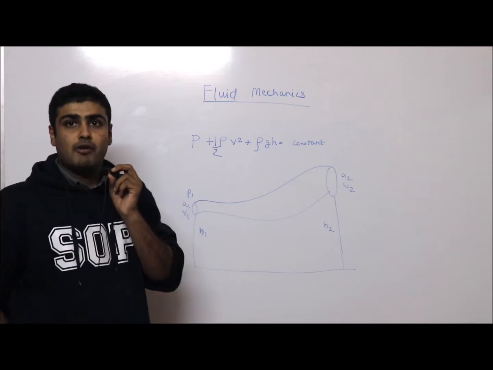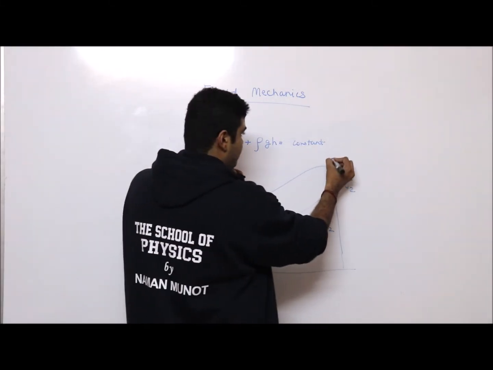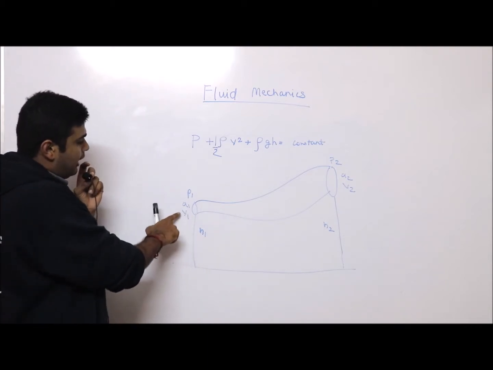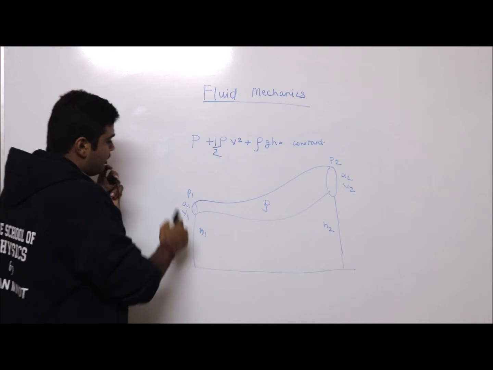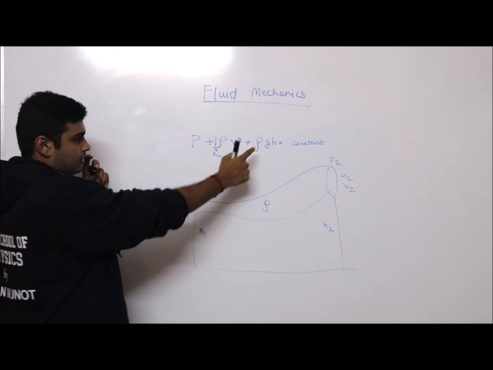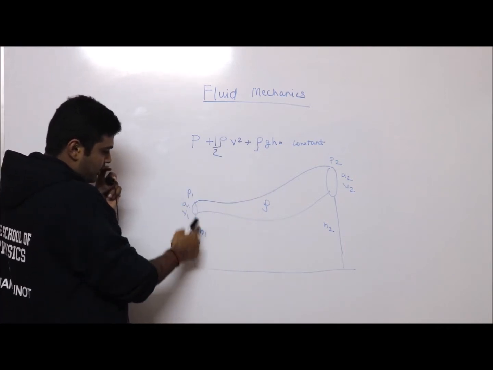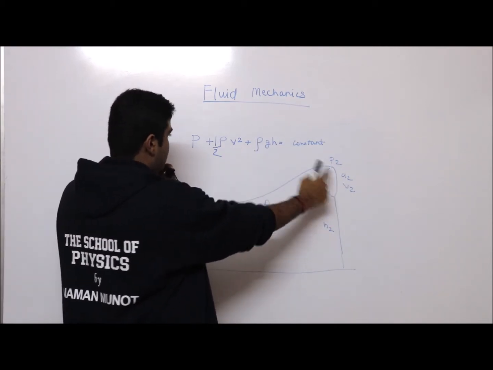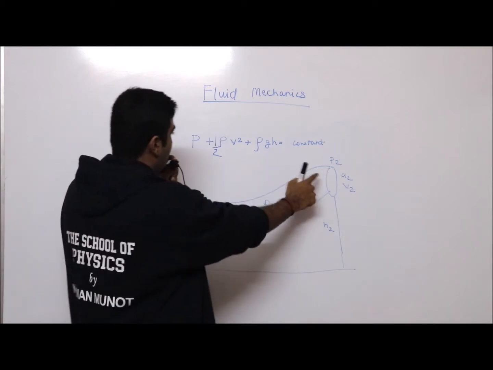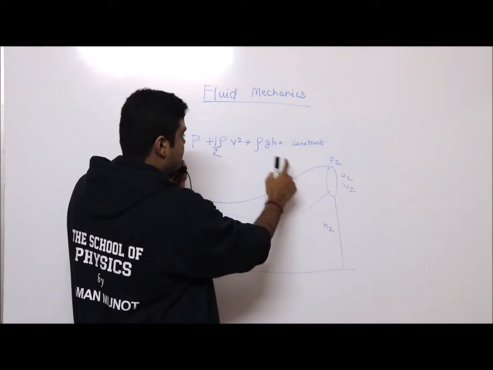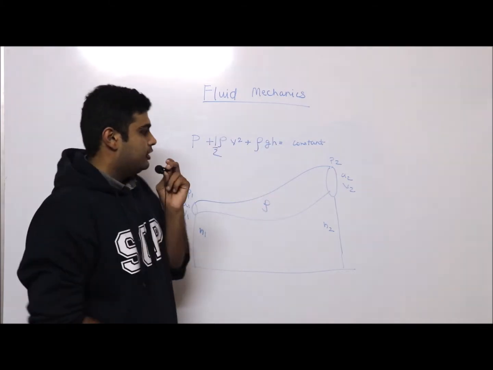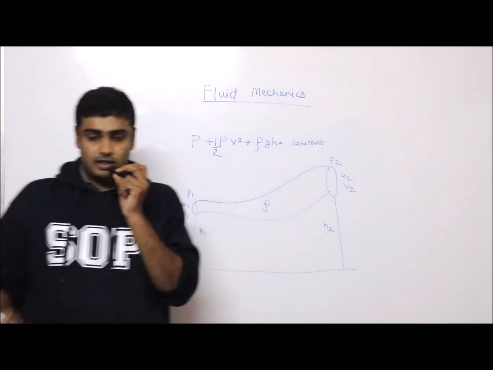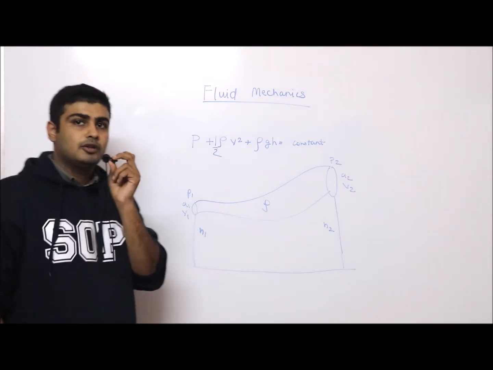If the pressure at point 1 is p1, what is the pressure at point 2? So P1 plus half rho v1 square plus rho g h1, where rho is the density of the liquid, is equal to p2 plus half rho v2 square plus rho g h2. So a very simple application of Bernoulli's theorem will appear in your exam. You just have to remember this Bernoulli's theorem.